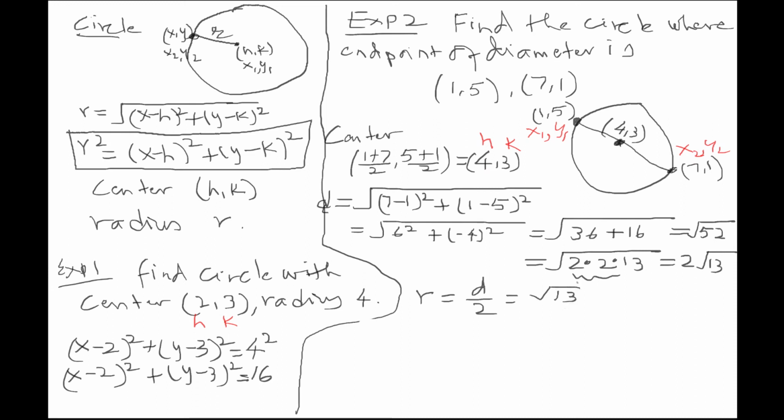Now we find the equation of the circle: (x minus 4) squared plus (y minus 3) squared equals r squared, which is the square of the square root of 13, just 13.